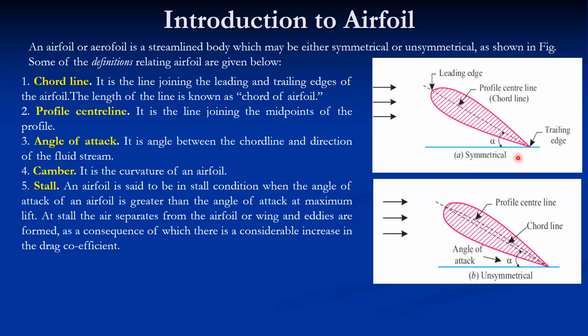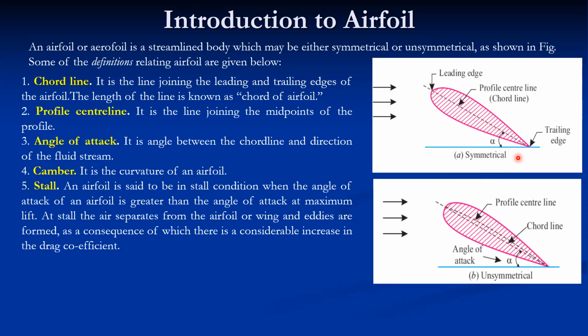Stall. An airfoil is said to be in stall condition when the angle of attack of an airfoil is greater than the angle of attack at maximum lift. Suppose for a particular angle, say 45 degrees, we are getting maximum lift. If the angle is greater than 45, then the stalling condition arises.